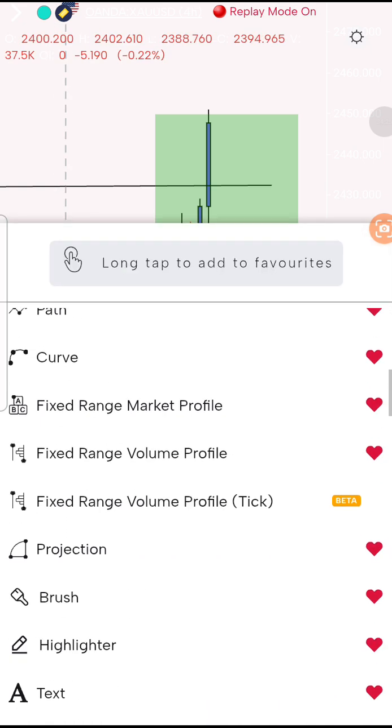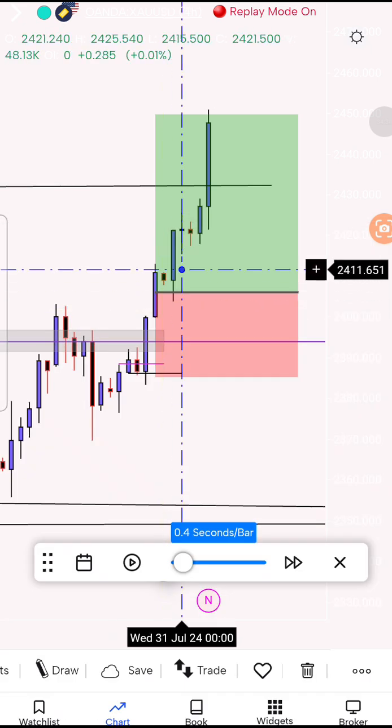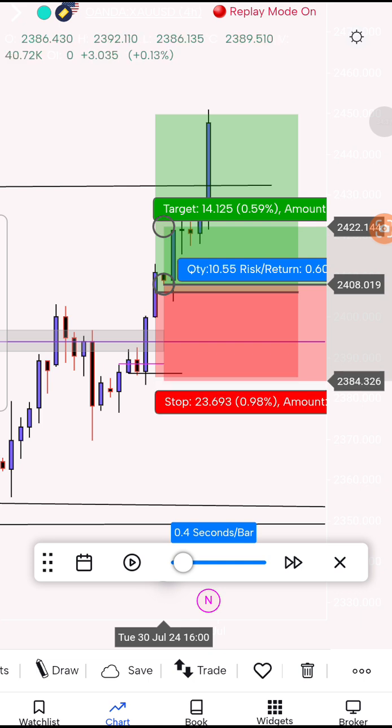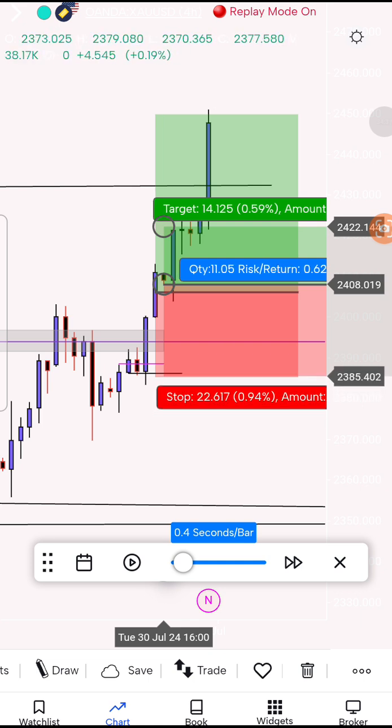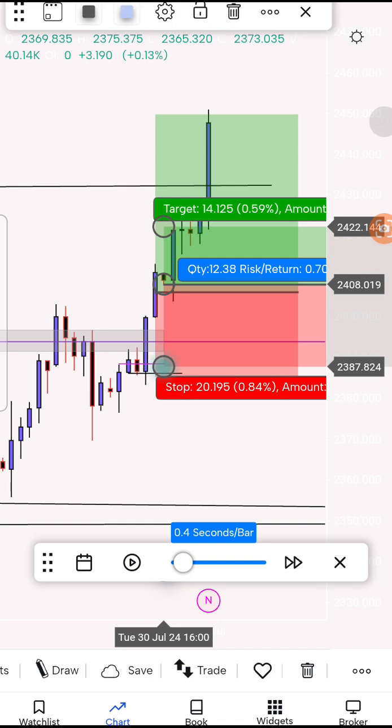So maybe a second trade we should have caught, maybe immediately the fair value gap was confirmed, with the stops around that point with a 1 to 2.